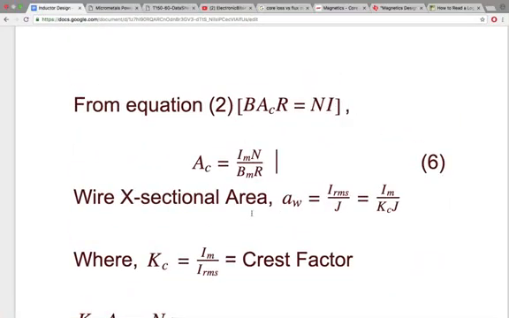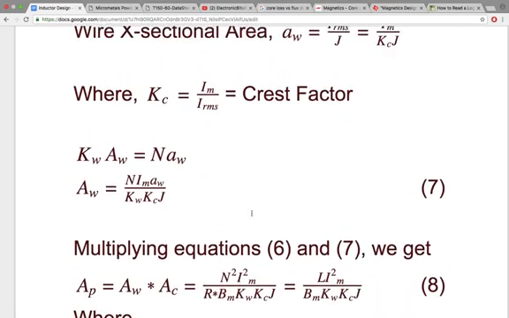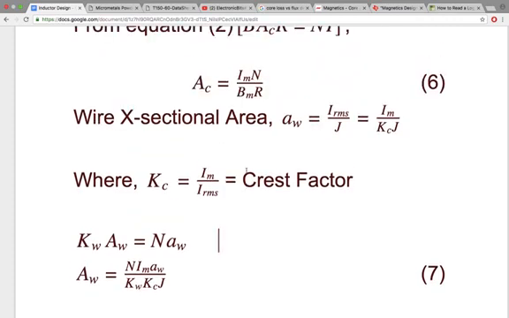So what is the idea then? kW times window area is the area occupied by the n number of conductors. Let's say AW is the cross-sectional area of each conductor. How do we find it? The cross-sectional area of each wire we can find depending on the current capability of the wire.